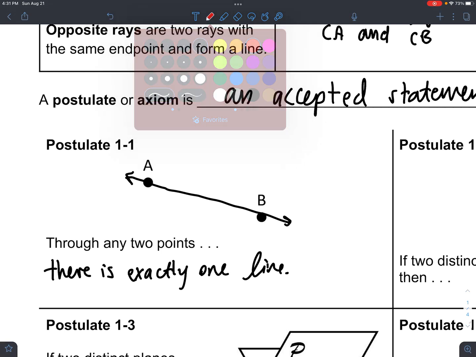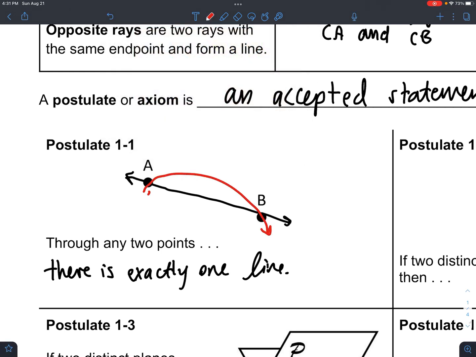You know, if we drew this, that's not a line, okay? And if you straighten out all those other paths, you end up just getting that same line, line AB, okay? So there's only one line that goes through A and B, and it's called line AB, or just AB with those arrows on top of it, okay?